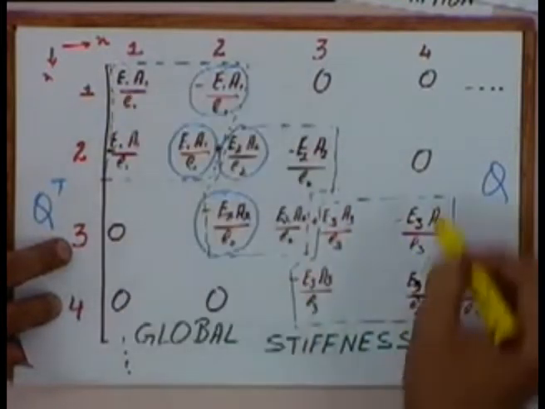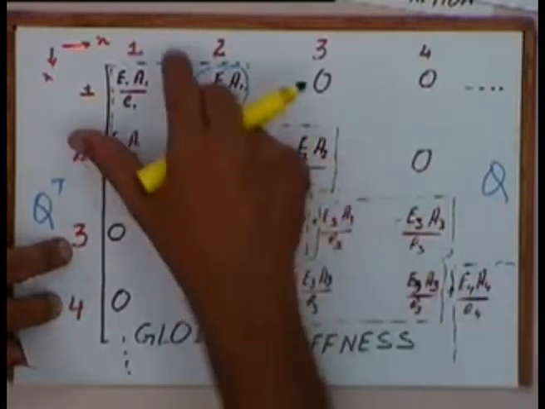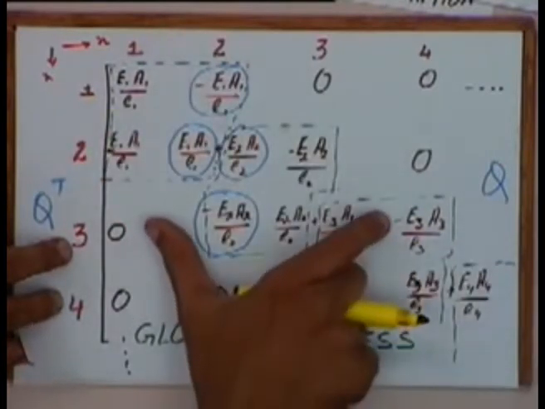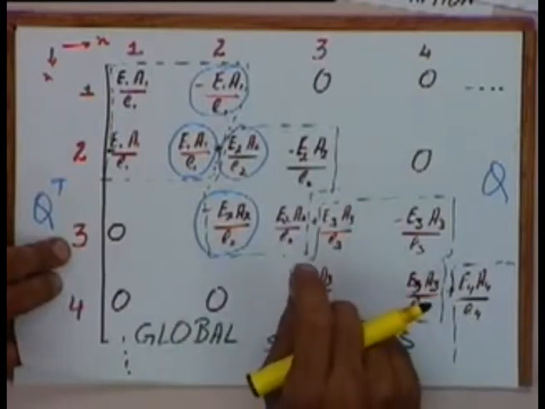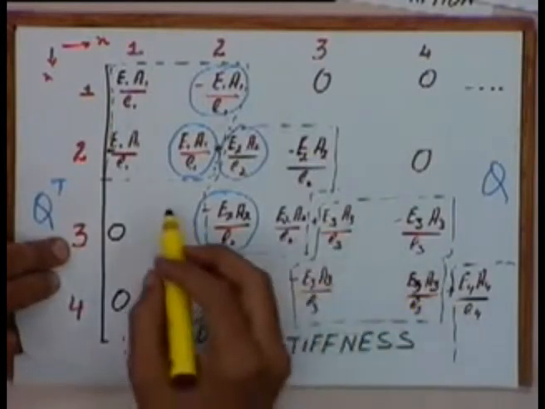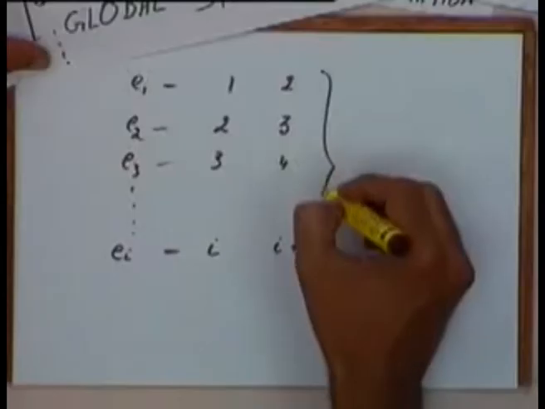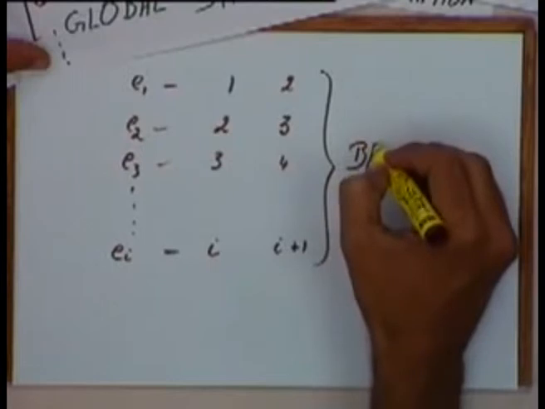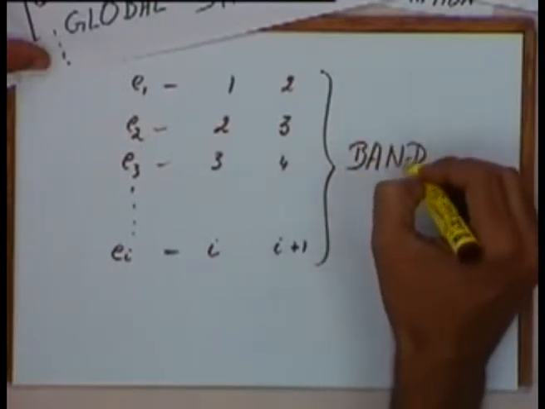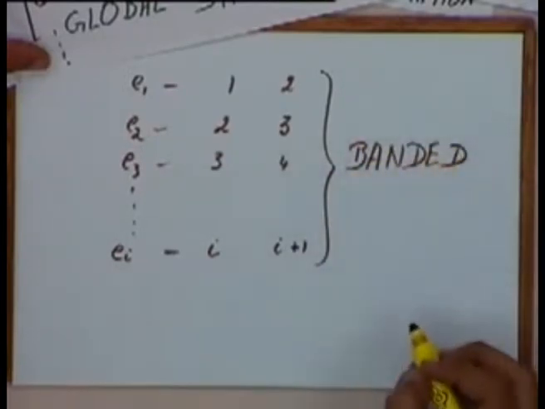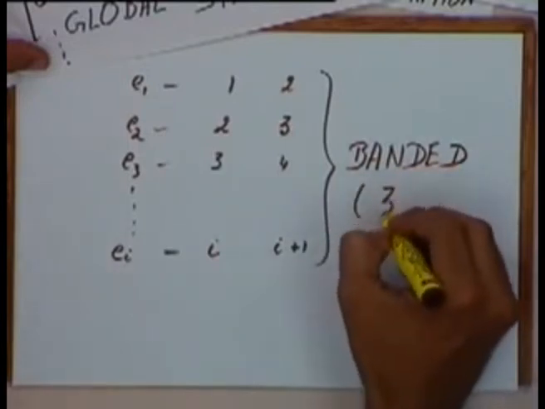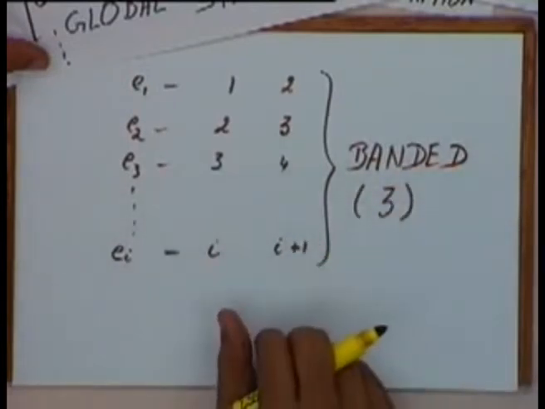So this global stiffness matrix will be a banded matrix with a bandwidth of 3. So if I take numbering like this, I get a banded matrix, and the bandwidth will be 3 in this case, the width of the band.